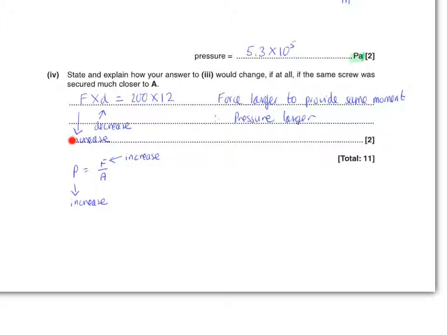If we increase this force, we can follow the logic to the pressure calculation, and increasing this force will increase the pressure. It is very good to show that you are using equations in an answer like this, but remember to back your answer up with a written statement concluding what you have worked out.